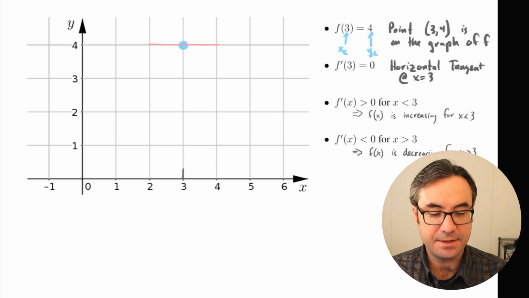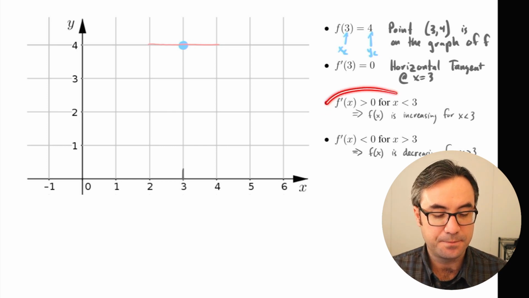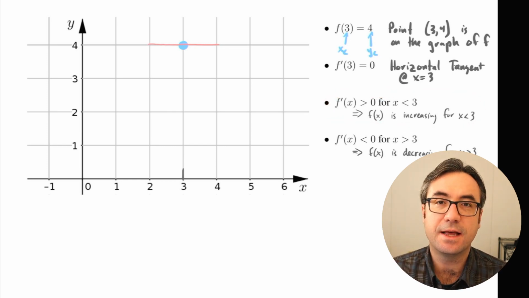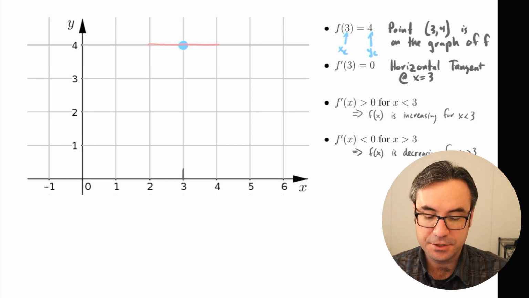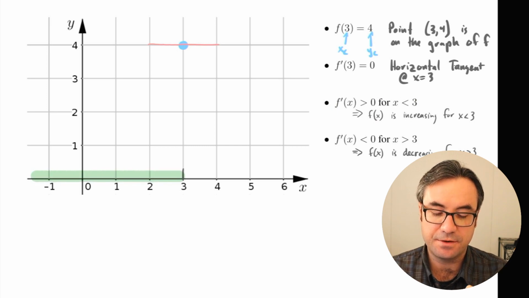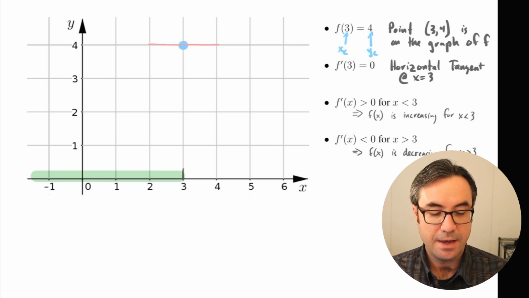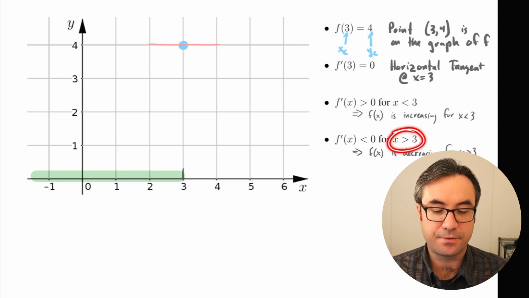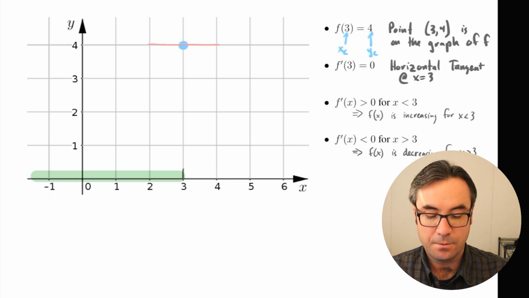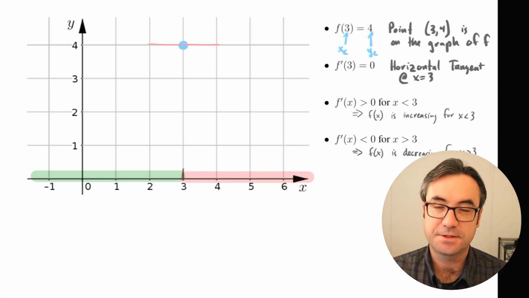And from that third property, we know that when x is less than 3, our function's increasing. So x less than 3 is this section of the x-axis. And then x greater than 3, that's this section of the x-axis.